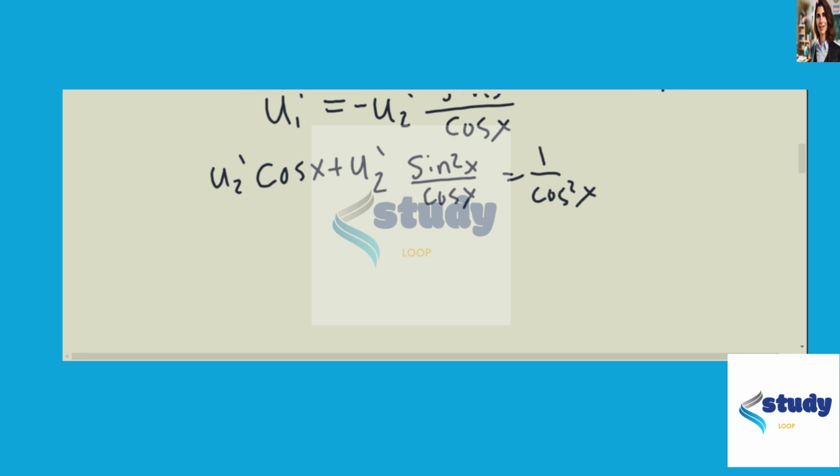So we can multiply the first expression by cosine over cosine so that everything's over cosine of x. Okay, which means that we can multiply both sides by cosine of x. That gets rid of the square on the right-hand side.